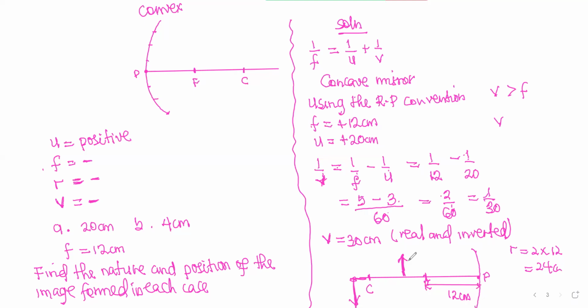It's beyond the center of curvature because the image distance is 30. Center of curvature is 24. So it means that the image will be located behind C, and that's what I've drawn. Are you okay? Yes, sir. So you are only using the values to judge the nature of the image formed.